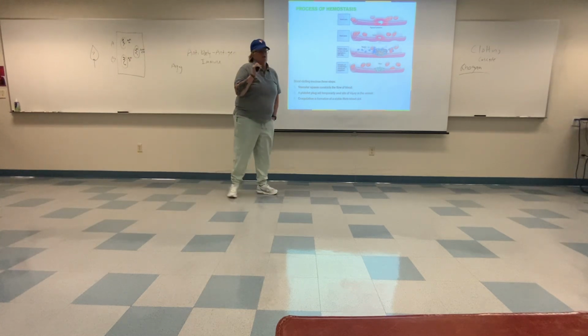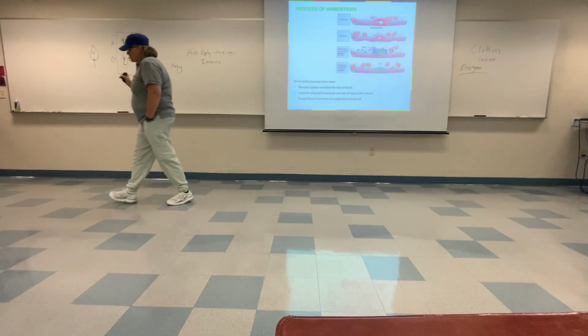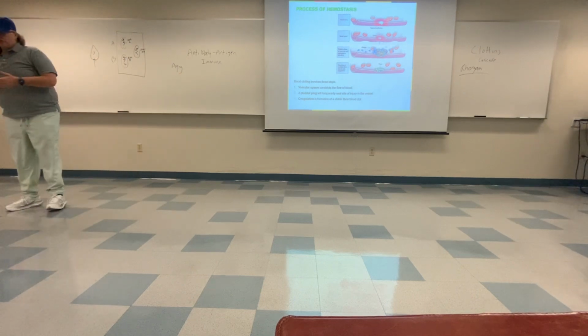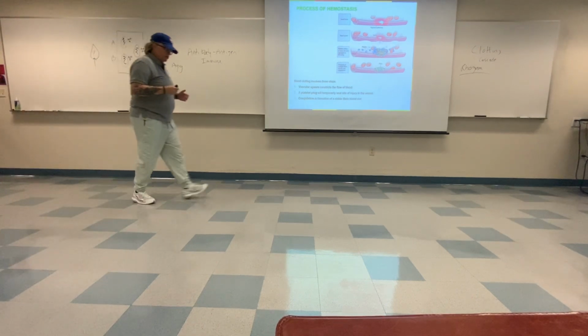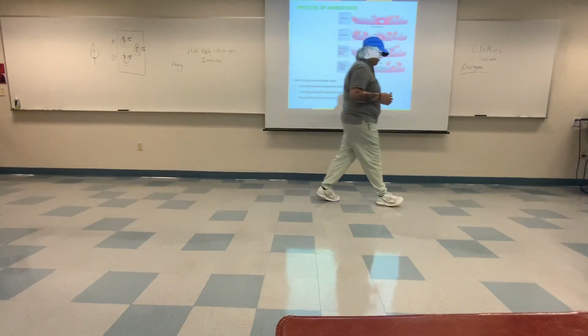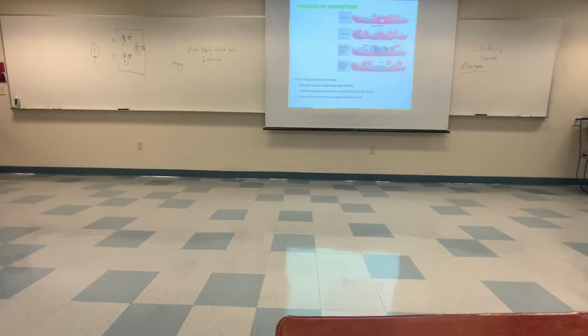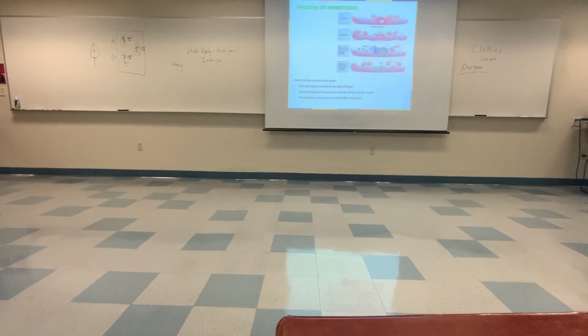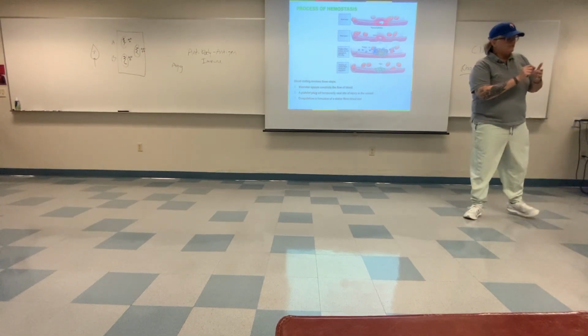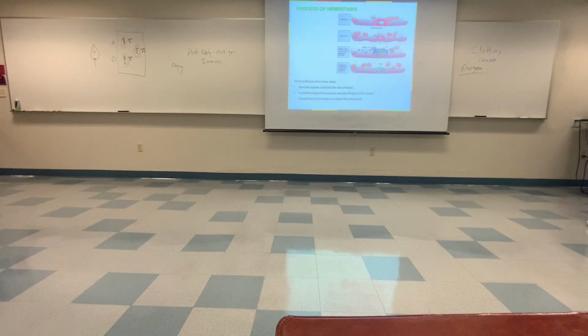So, the vessel gets damaged. You might be in the kitchen making yourself cooking up something great. Steak, vegetables, whatever. You slice your hand. The very first thing that happens in the middle of that bleed is you're gonna have a vasospasm. Your vessels are gonna vasospasm.